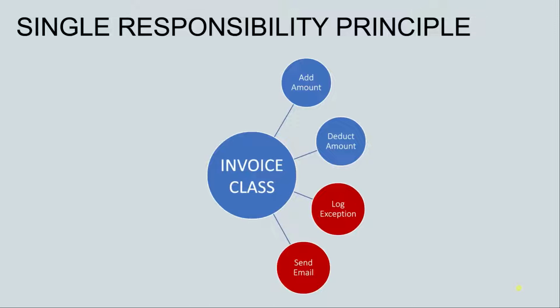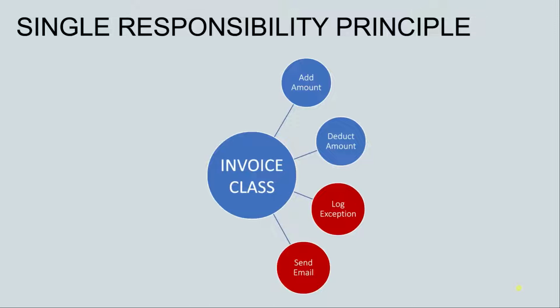Suppose you want to reuse this logic of logging the exception and sending email in some other class like purchase order or maybe contract. You will never be able to do it with ease because you have made these part of the Invoice class.